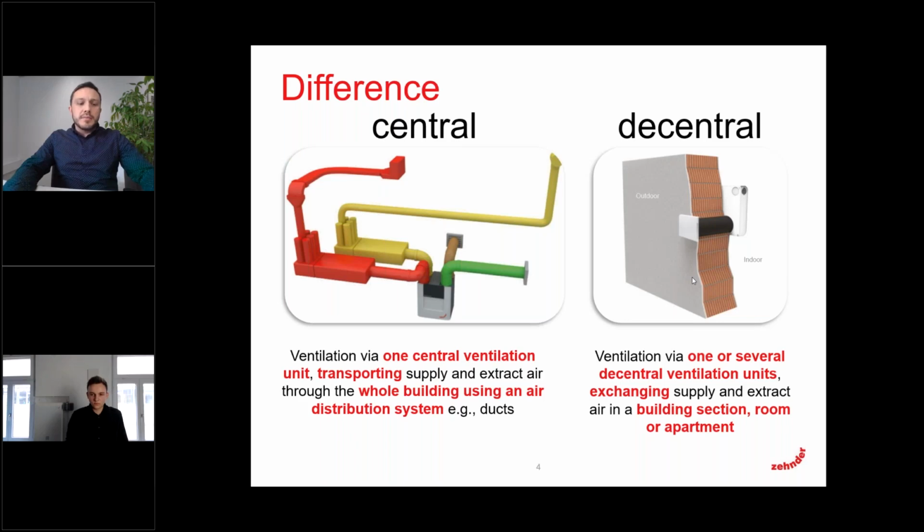But the main difference we are pointing out is that ventilation via one central ventilation unit transports supply and extract air through the whole building using an air distribution system, as you can see in the picture on the left-hand side. And the decentral solutions are one or several decentral ventilation units exchanging supply and extract air in a building section, room, or an apartment, mostly without using any air distribution.